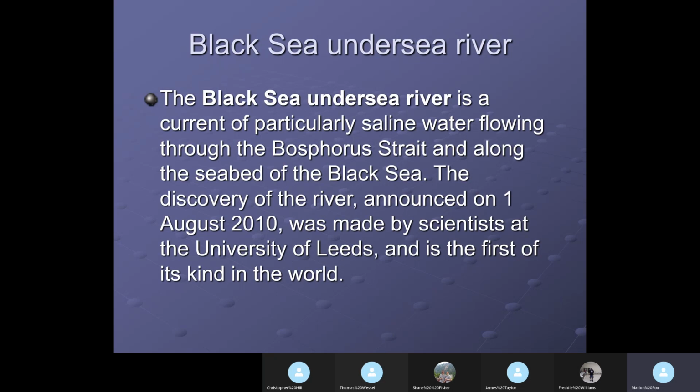Because it's more dense, it flows to the bottom. The discovery of the river, announced on the 1st of August 2010, was made by scientists at the University of Leeds, in England, and is the first of its kind in the world. So the heavy, more dense, salty water is flowing below.